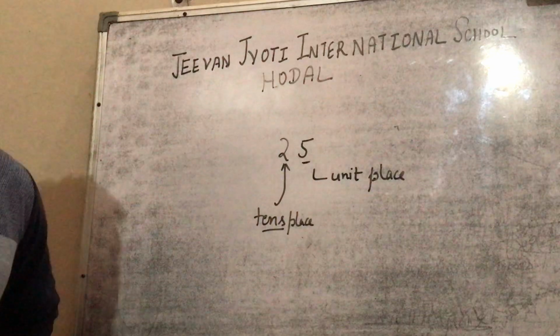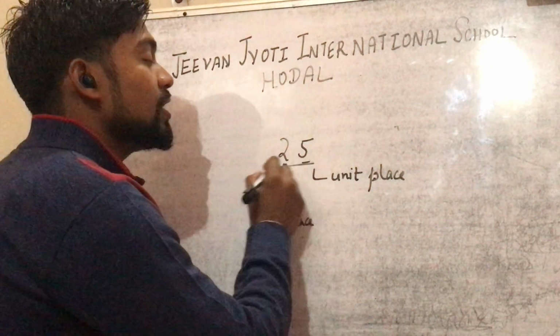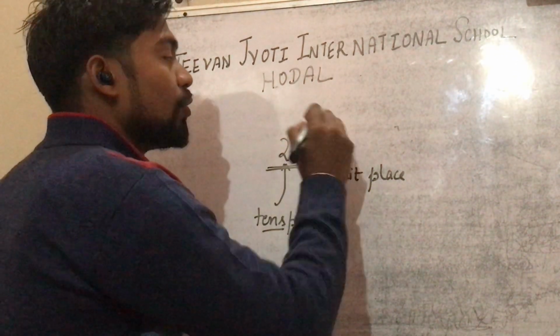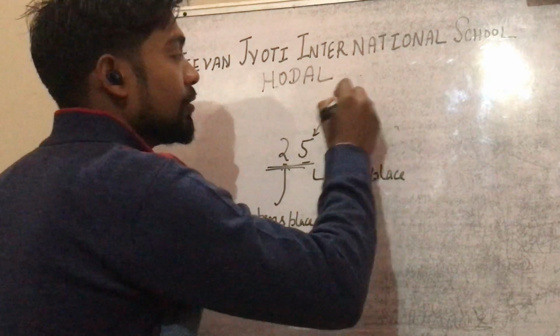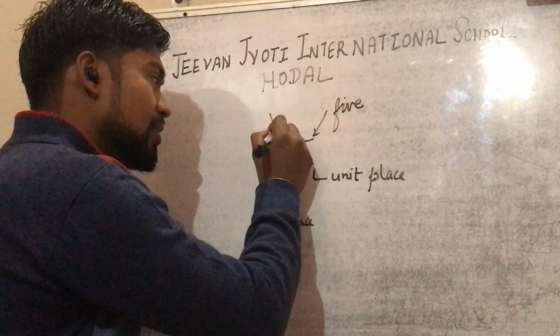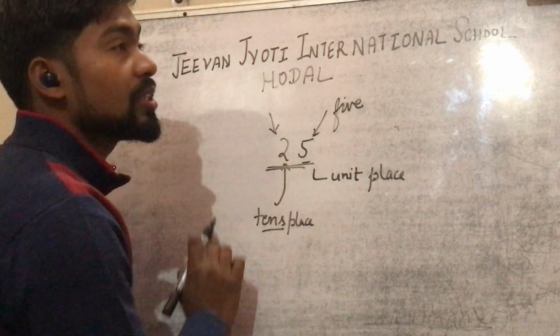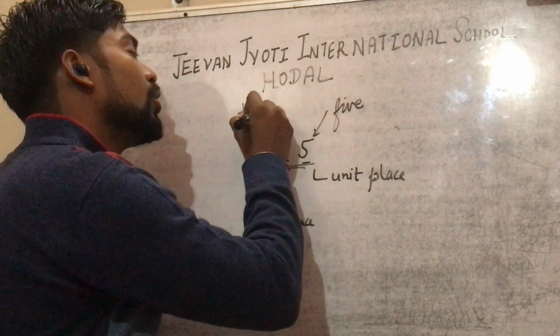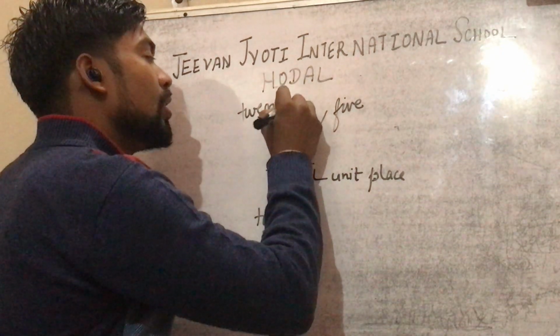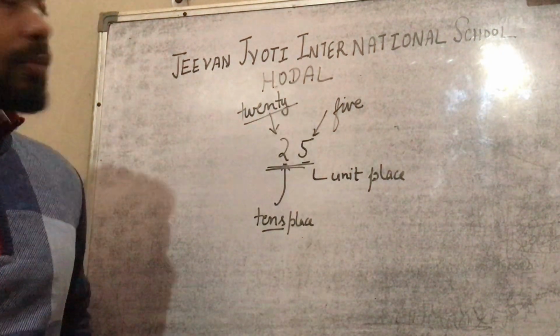When we read this type of number, we say that this is 5. And what is this? This is not just 2, this is the tens place number, that's why we call it 20. Okay, this is the new concept for you all.